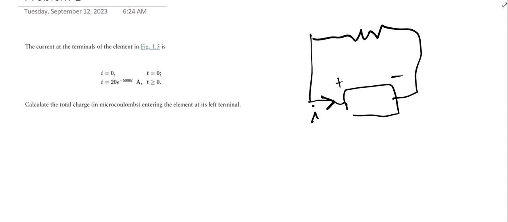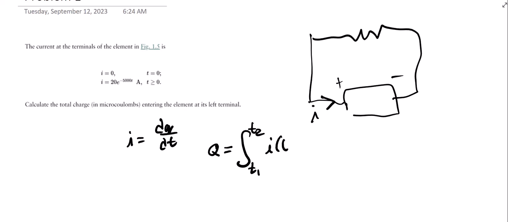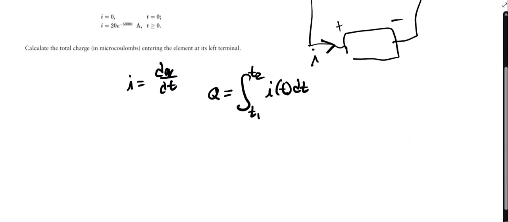So we know that i is dq/dt, which is also saying that our cumulative Q will equal the integral from time 1 to time 2 of i(t) dt. Here it says total charge, and it doesn't give us time. Well, we see that time starts at 0. Time doesn't have to start at 0, but in circuits it usually does.